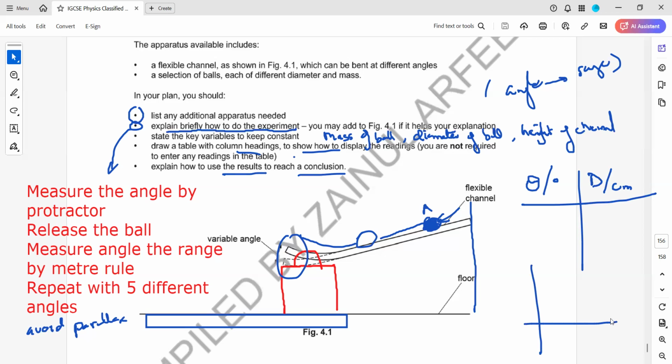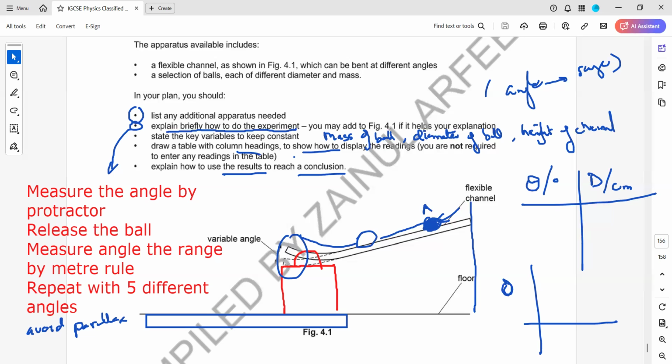We will plot a graph between the range and the angle and compare the trend.